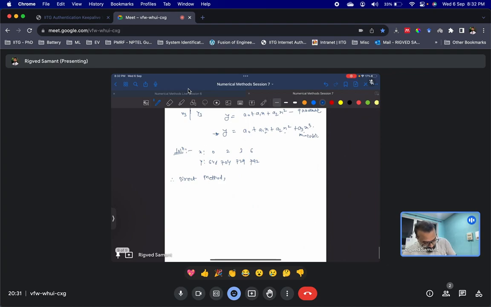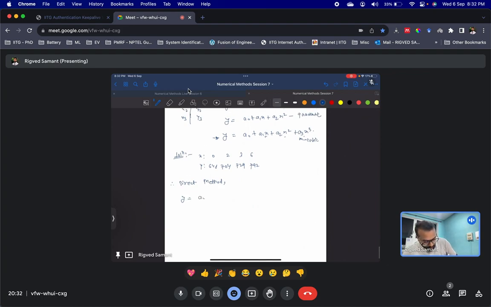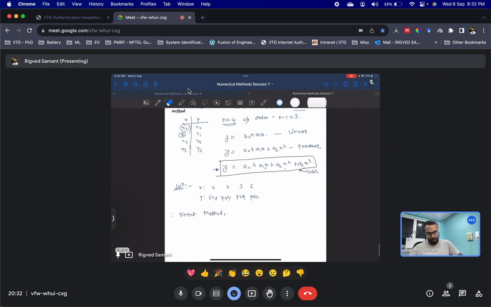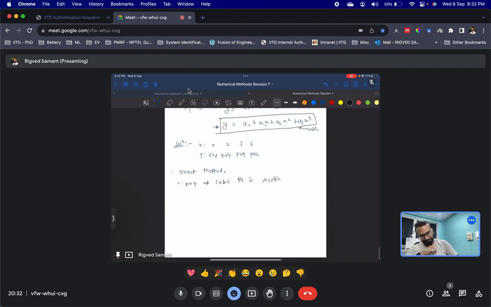So by direct method, y is equal to what? a naught plus a1x plus a2x square plus a3x cube. So we will use this function, right? Why are we using this function? Because there are only 4 data points. Since n is equal to 4, a cubic fit is possible. Okay? Or a cubic interpolation.